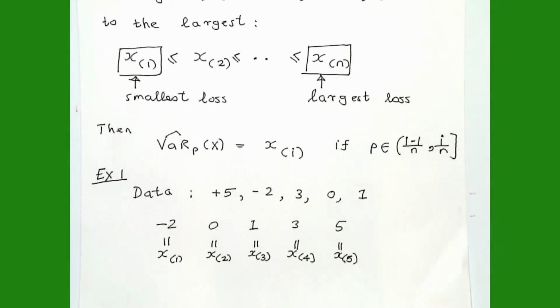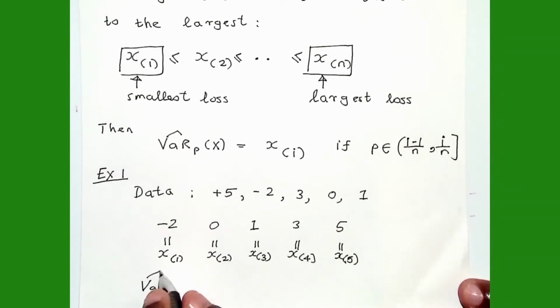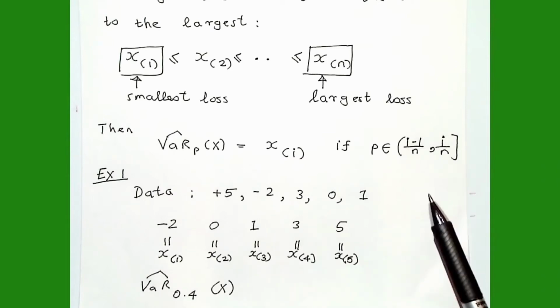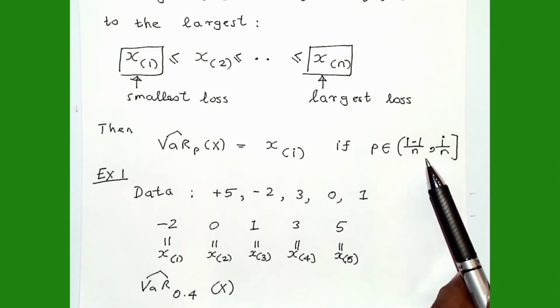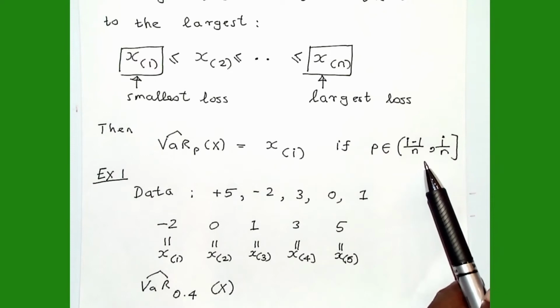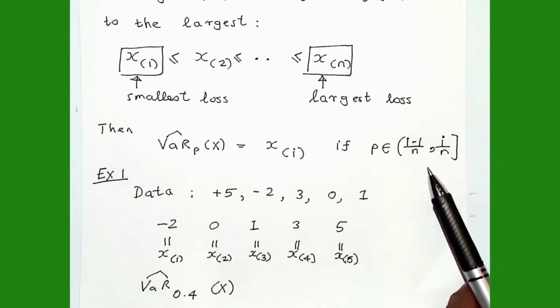Now suppose you want to find VaR at 0.4. So your p is equal to 0.4. If you take i to be 2, then your n is 5.